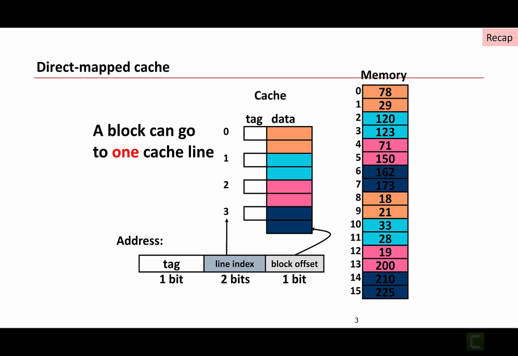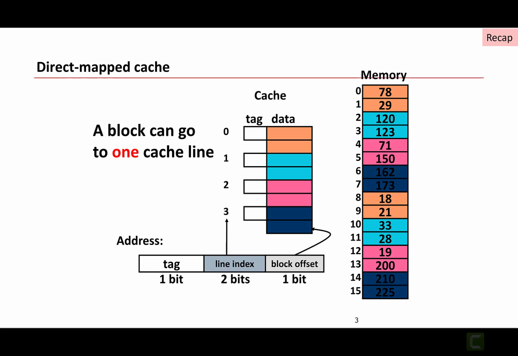The direct mapped cache is the most restrictive in terms of where you can store a cache line. It gives you exactly one choice. So in this example, I have 4 cache lines. Each of them is part of a different cache set. Each cache set in a direct mapped cache has exactly one cache line.